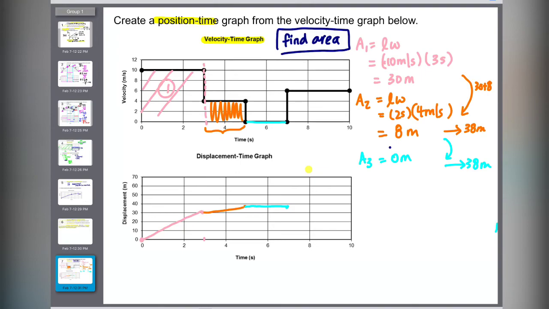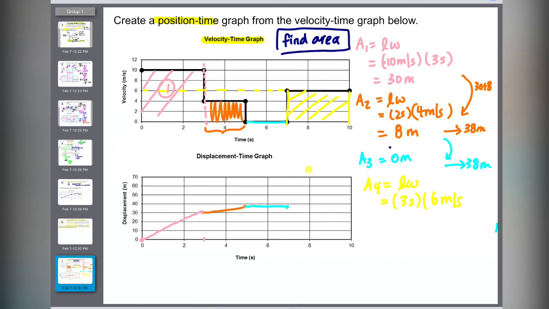Finally, my last block is this one between these two guys. These are the area. Area 4 is going to be length times width. The total is 1, 2, 3, so 3 seconds in total. And the height is 6 meters per second. Are you okay with how I got the 6?